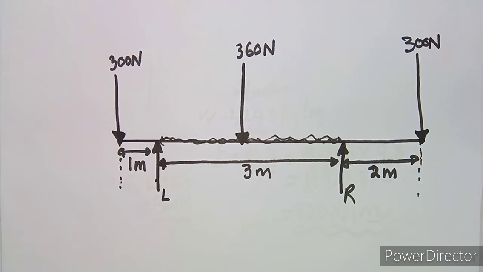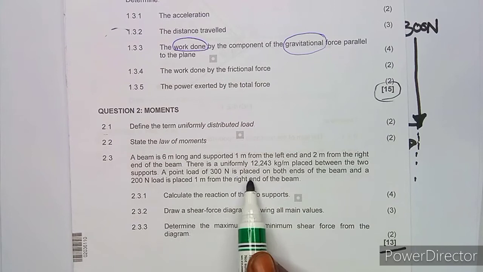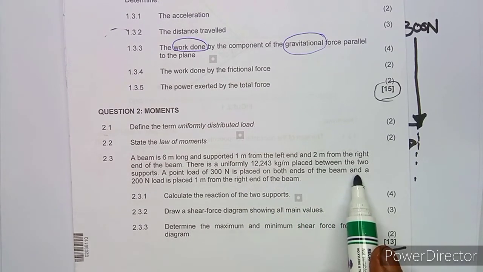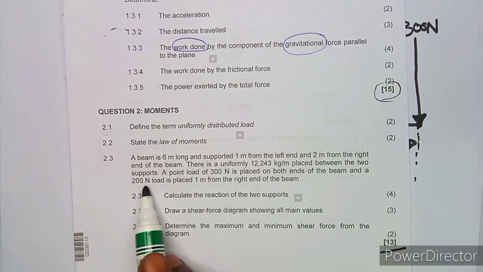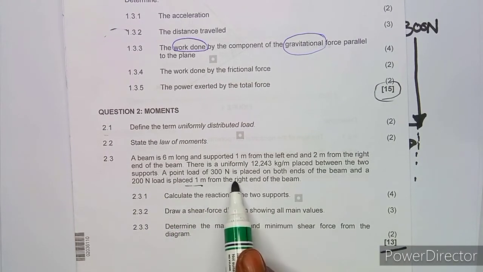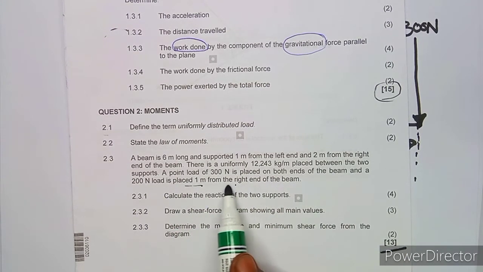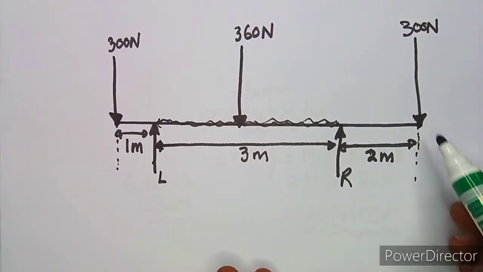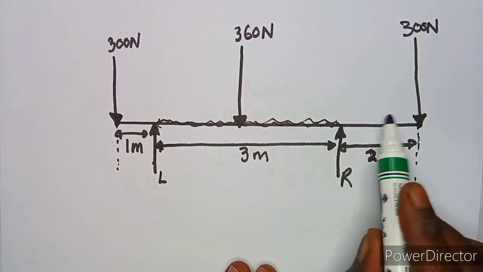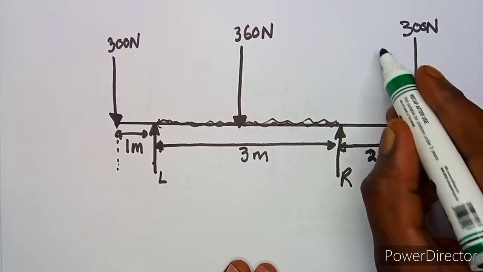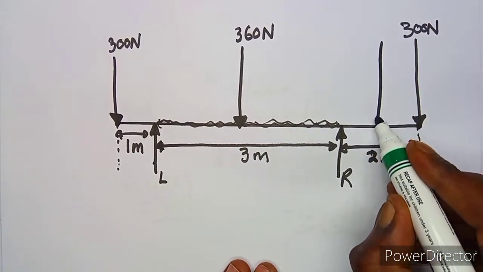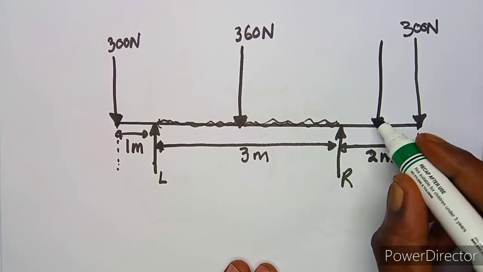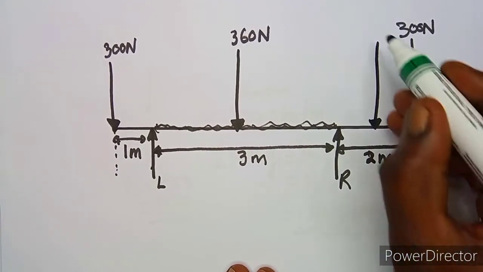So let's see the other part. Take note, that is the end. That is another part now. And a 200 Newton load is placed 1 meter from the right end of the beam. So we've got 200 Newton placed 1 meter from the right end. This is our right end, so we've got 1 meter from the right end, something like this, just in between here. This is what you're going to have, and this is 200 Newtons actually.